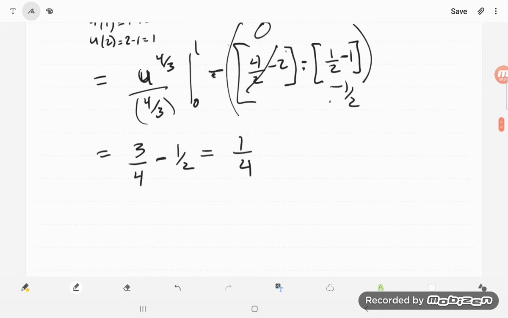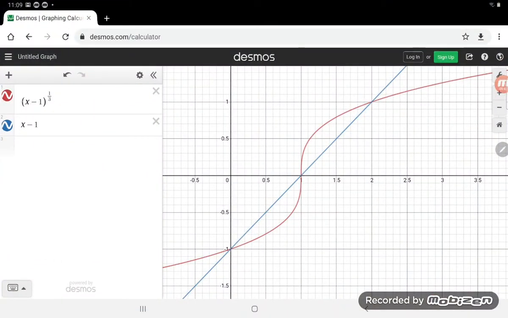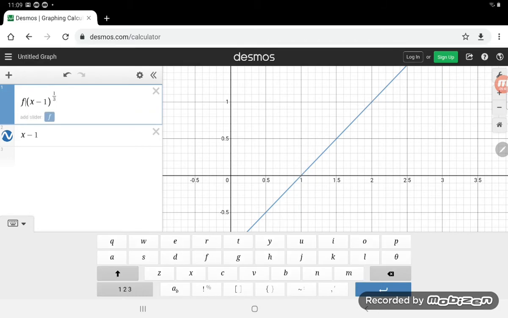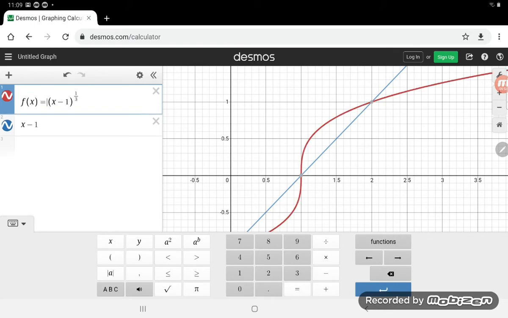So I go back to Desmos. And I'm going to edit this and call that now f of x equals, just so I don't have to retype quite as much.